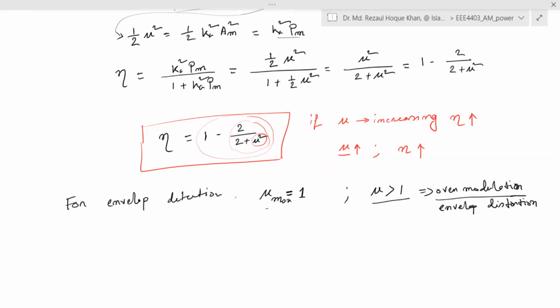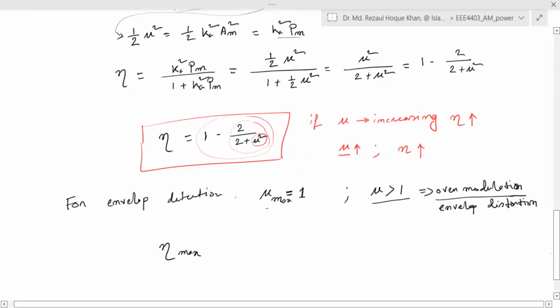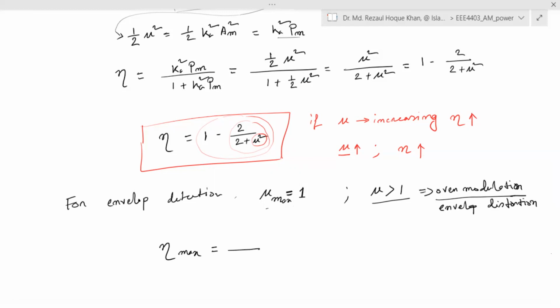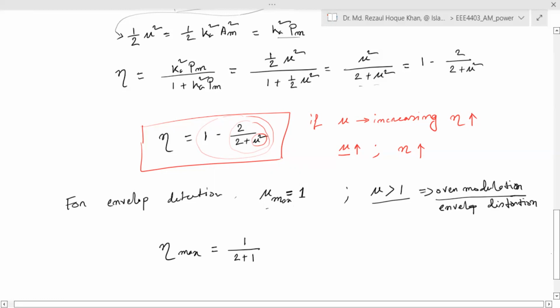So if mu can be at most 1, what is the maximum efficiency? Using this equation and putting the maximum mu value, we get 1 by 3.